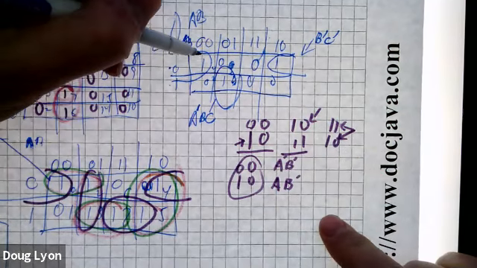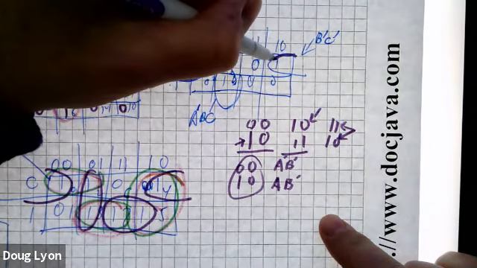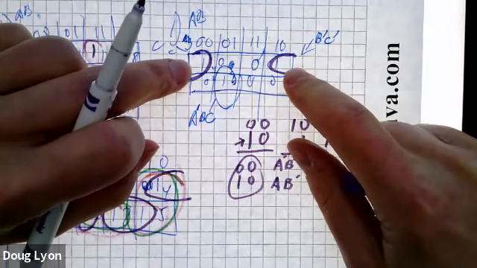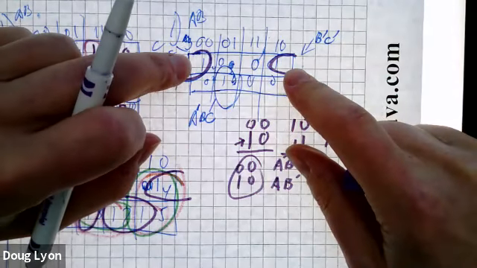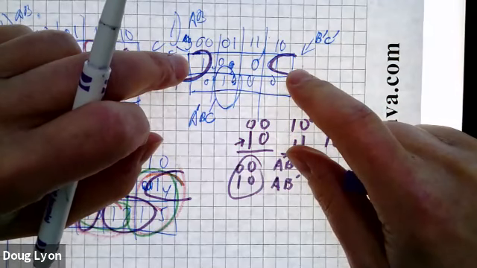So here's a case where we're going around the corner. So this is kind of interesting because this represents a wrapping. These two elements are adjacent.